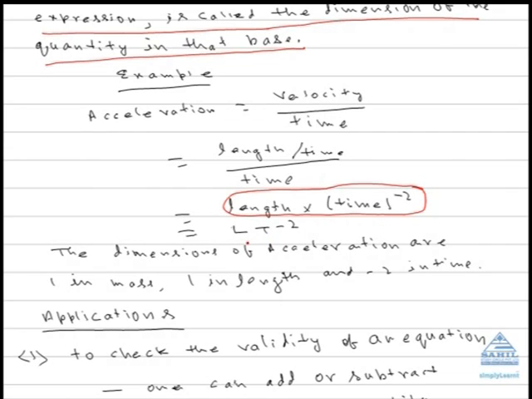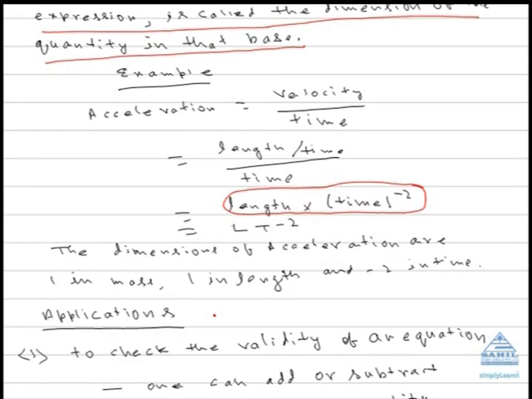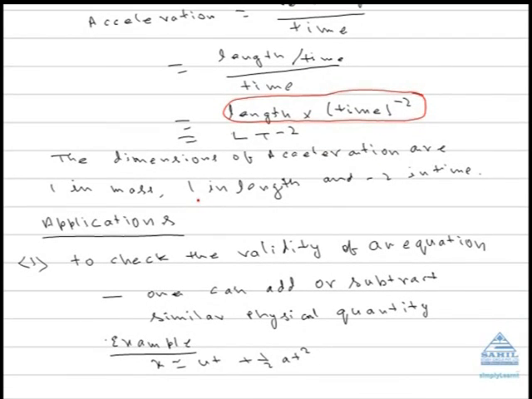In terms of notation, acceleration can be written like this, that is LT^-2. So the dimension of acceleration is 1 in length and -2 in time.